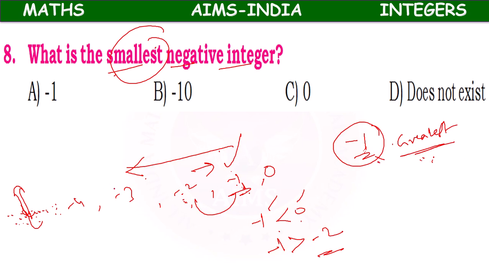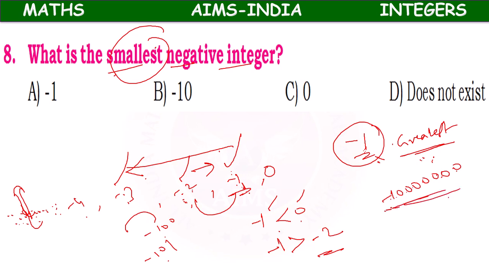But we want to find the smallest. Compared to minus 1, minus 2 is smaller. Compared to this, minus 3 is smaller. Minus 4 is smaller. Like that, minus 100 is smaller. Before that, minus 101 is smaller. Before that, minus 1 crore. Ones, tens, hundreds, thousands, 10,000, lakhs, 10 lakhs, crore.